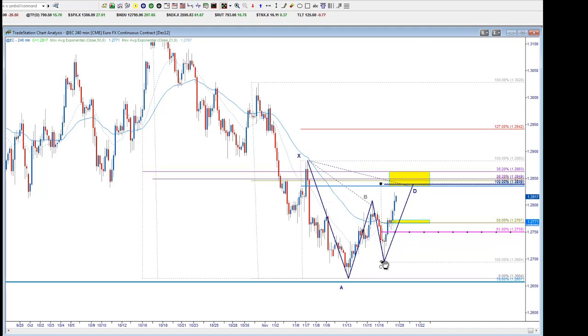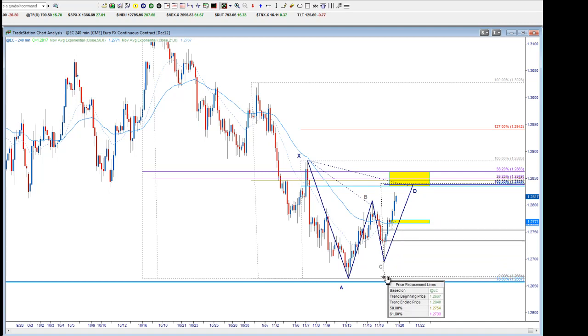Our second profit target, if we are trading multiple contracts and we want to do a reduced risk or a risk off, zero risk trade management setup, would be the 61.8 of the A to D leg, which would be right in here. And remember, we always want to leave a couple pips on the bone. We never want to cut that too tight.